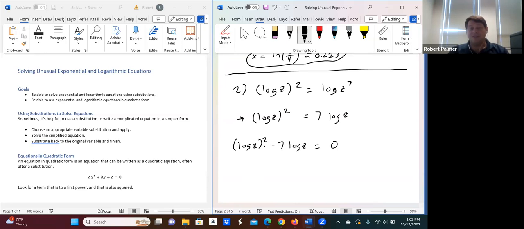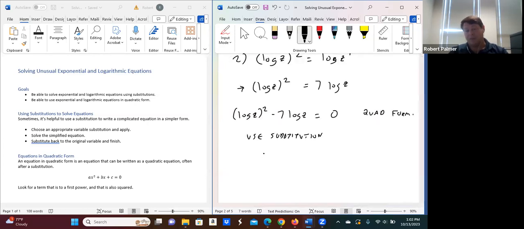Now, once again, if you notice, this is similar to the first one we did. We have log z, the first power, and then log z squared. So once again, this is a quadratic form. Let's use another substitution. This time I'm going to use the letter u, which is often common in math for some reason.